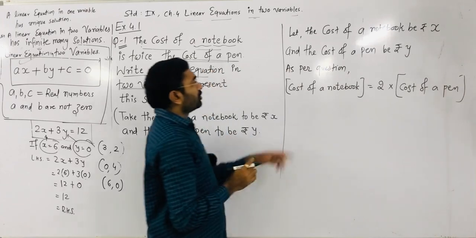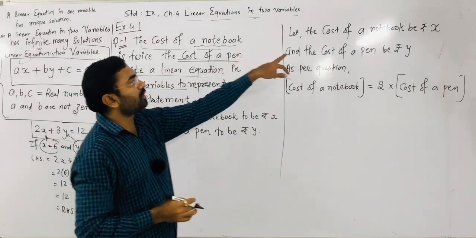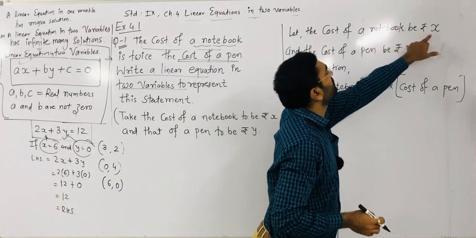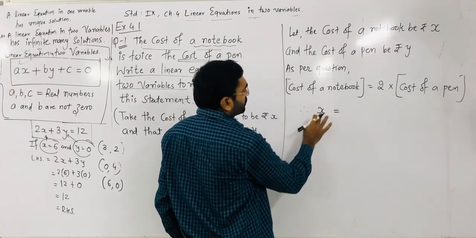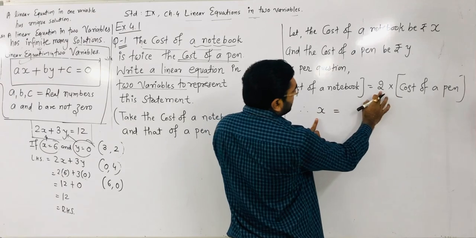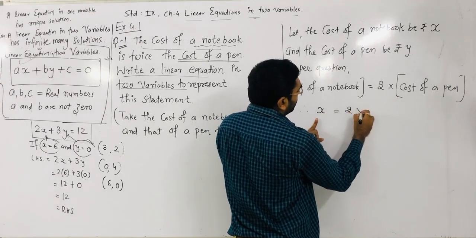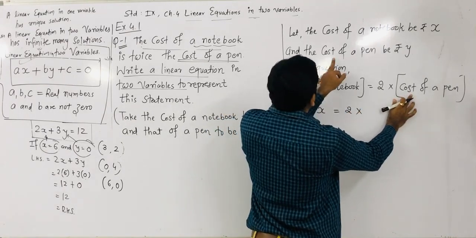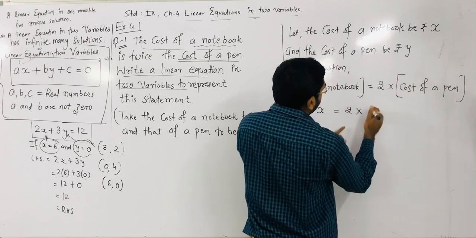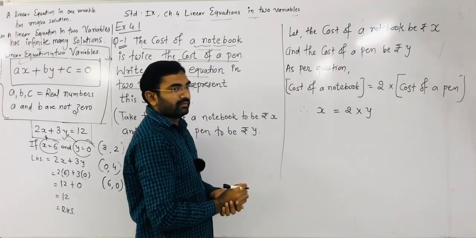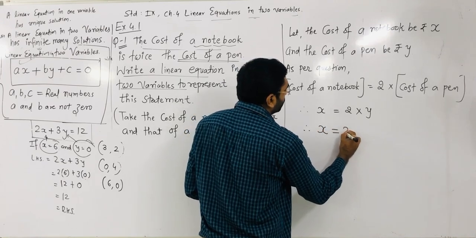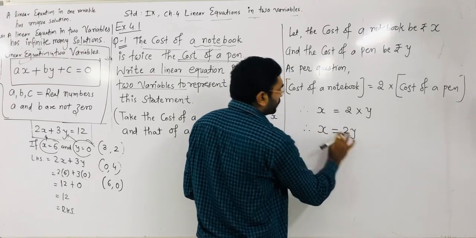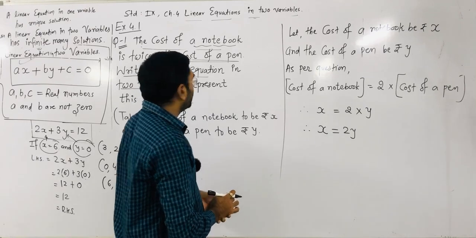Now the cost of a notebook in that question we take as x. So cost of a notebook is x, and it is 2 times the cost of a pen. Observe, cost of a pen is y. So x is equal to 2 into y, that means 2y.